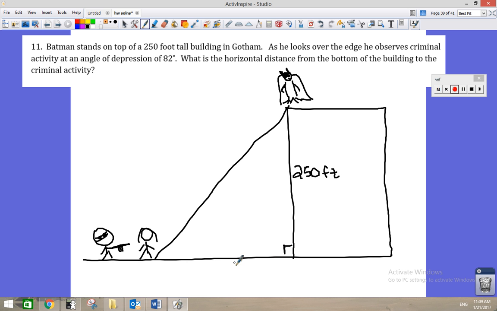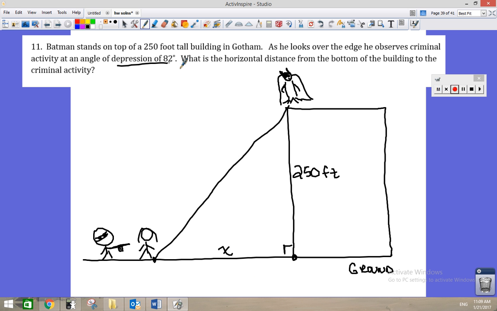The building is square with the ground, and what's the horizontal distance? Well, horizontal left and right from the bottom of the building to the criminal activity, we just call that X.